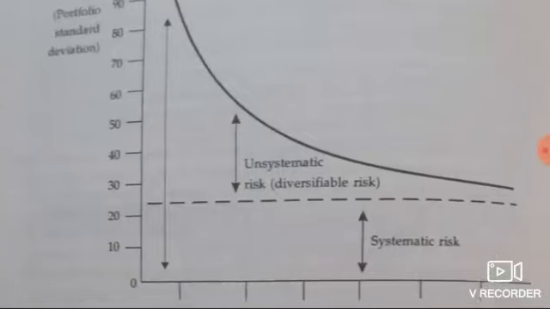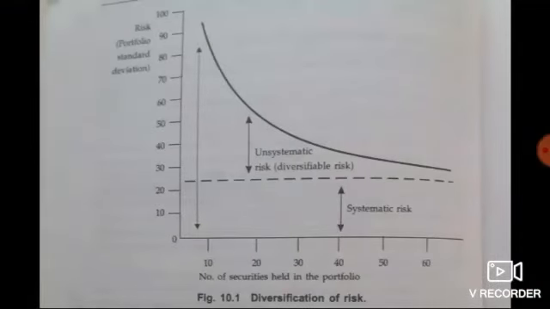And we have a figure which shows the concept. Here they have shown the number of securities held in the portfolio on the x-axis and the risk, or portfolio standard deviation, on the y-axis. You can see that when the number of securities is 10, the risk is almost 100, and as we increase the securities to 20, 30, 40, the risk falls.